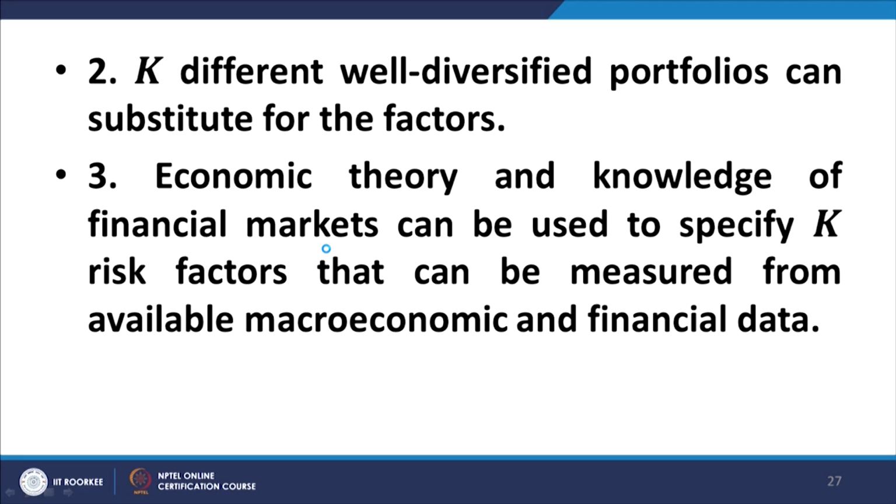The second approach can be by using k different well diversified portfolios which we can substitute as the risk factors. The third is a rather subjective approach where we use economic theory and knowledge of financial markets to specify the k risk factors that can be measured from available macroeconomic and financial data.